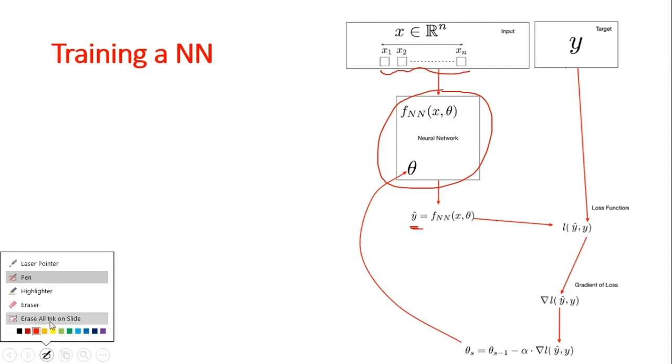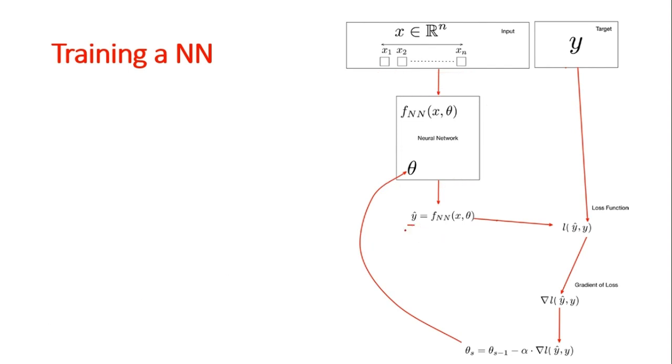Now that output is y cap, which will be a function of input and parameter. That output will be compared with the actual output for the corresponding input. So y is the actual output, and y cap is the estimated output. Now the difference between them is calculated by a function.